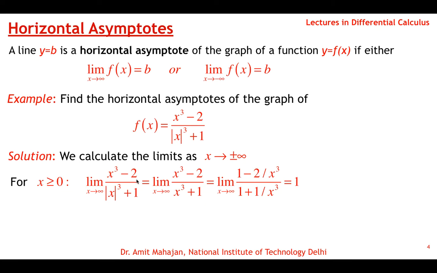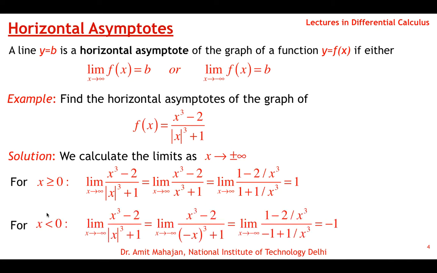Okay, and if I choose x goes to minus infinity, that means x values are negative. So when x values are negative, then the limit as x tends to minus infinity on this function, modulus x cube will be minus x cube, and then by the method, x cube in the denominator is the highest power, so you divide numerator and denominator by x cube first, and then if you take the limit, you see that the limit value is minus 1.